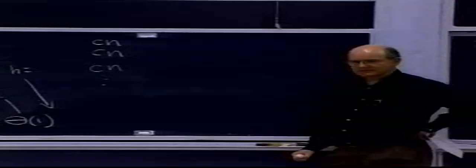Now, the trick here is, how many levels do I have to go? Well, which path in this tree is the longest path? The far right, the right spine. The one that goes from here to here. And the height of this is what? The length of this.